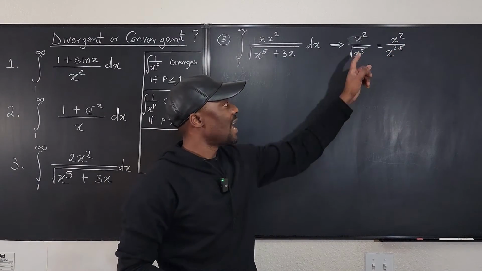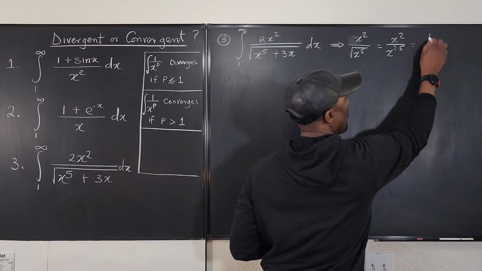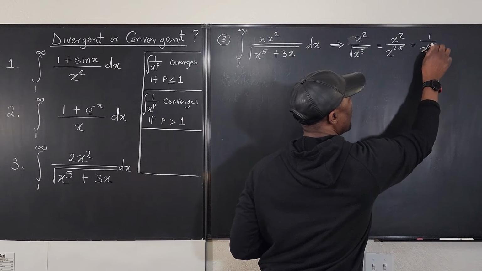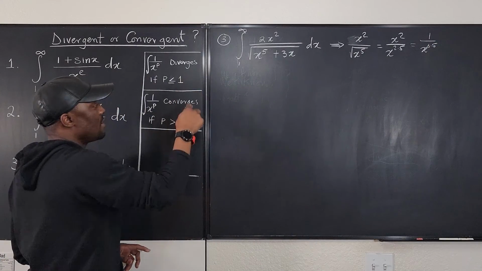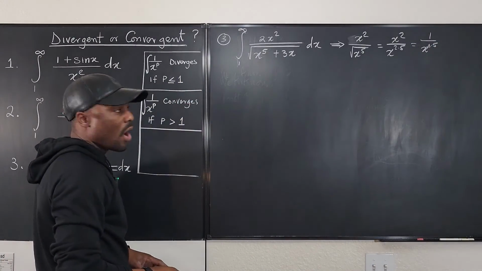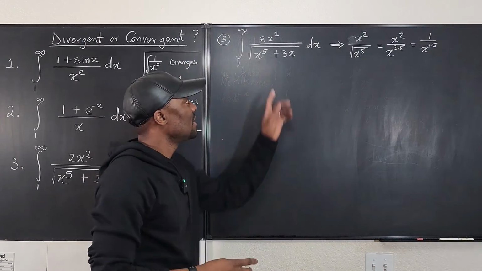I just took the half of that. If I simplify this, this would be the same thing as 1 over x to the 0.5. Now let's quickly go here and see, is it here or is it here? Obviously, this is less than 1. It has to be a divergent expression.